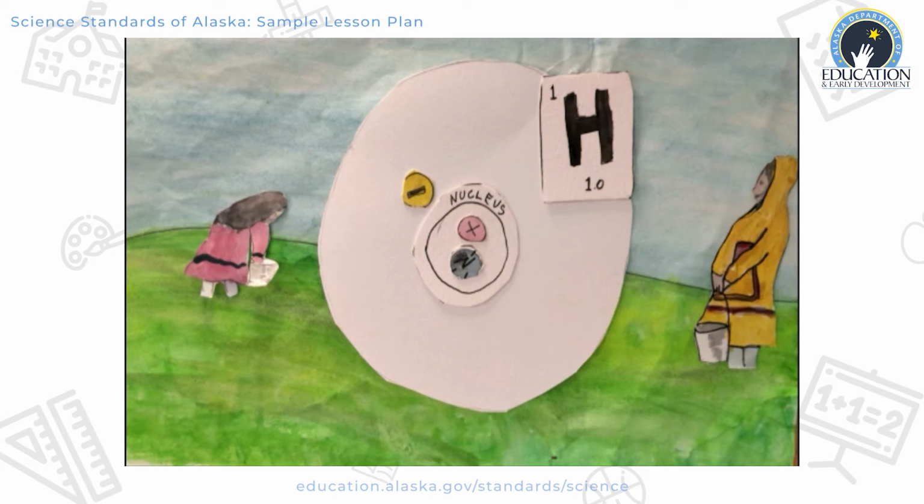And that electron is really lonely because it doesn't have a buddy like the proton has a buddy. It has the neutron in the middle. But this single solitary electron wants to pair up with a buddy.